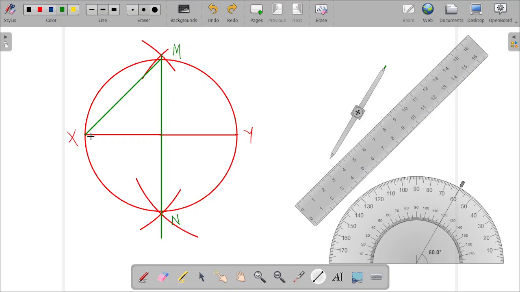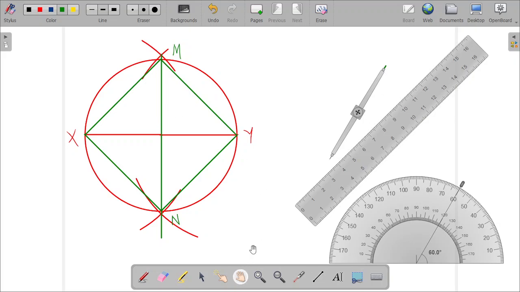So connect X to M, connect M to Y, connect Y to N, and connect N to X. So basically, for you to construct your regular octagon, you first inscribe a square like this.